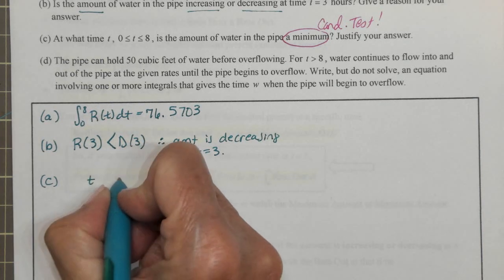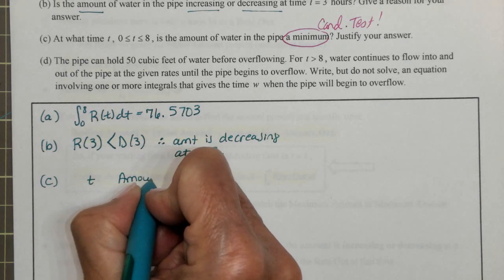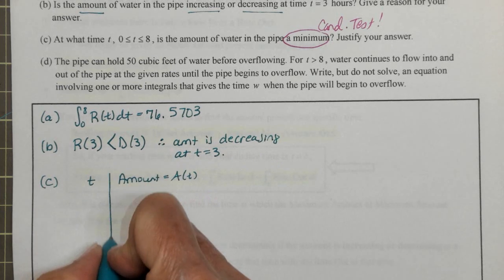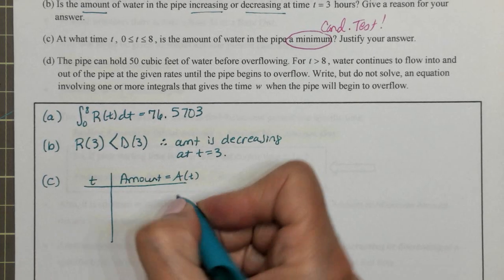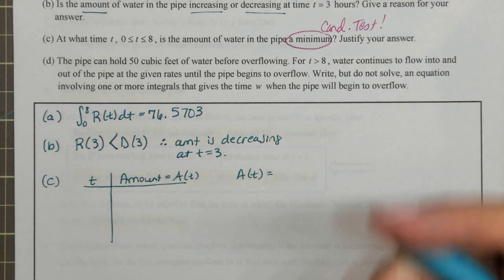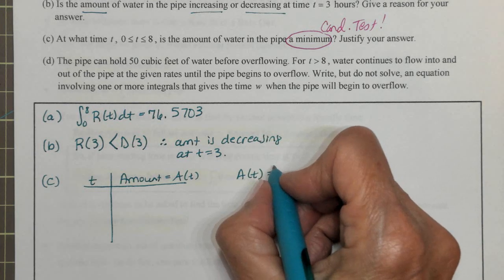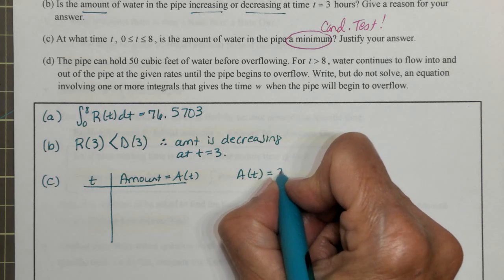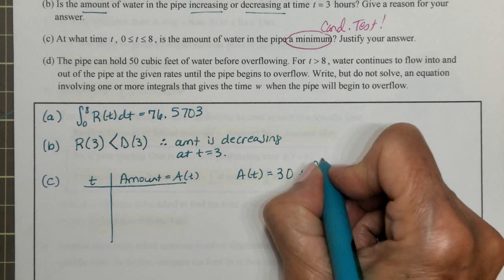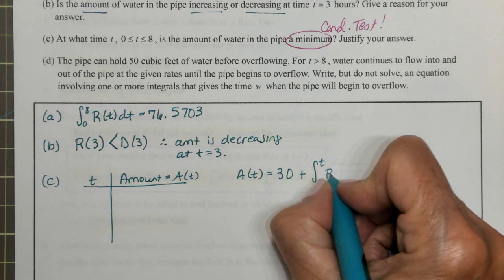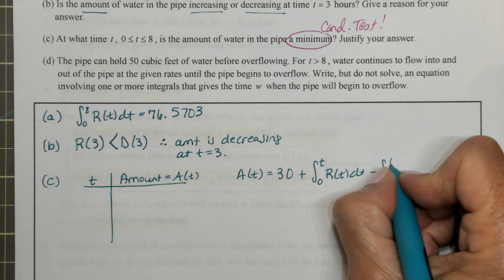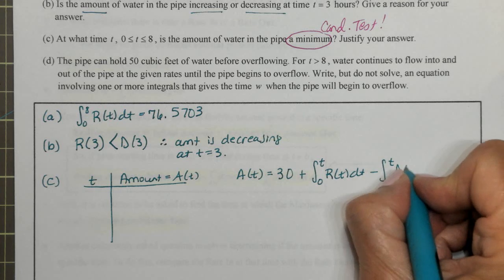Time, amount. Again, I'm going to call that A of t. And I'm going to say A of t is the initial amount. The initial amount was 30 cubic feet plus the integral 0 to t of the rate in, minus the integral 0 to t of the rate out.